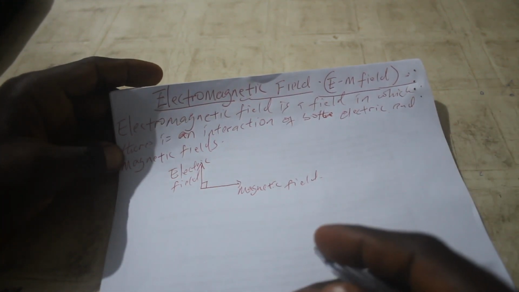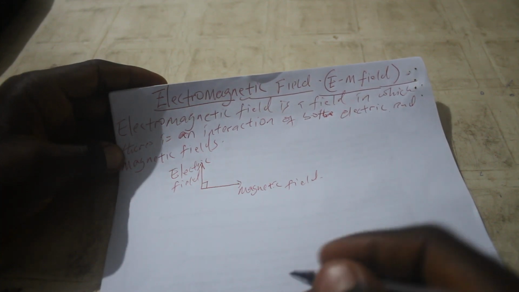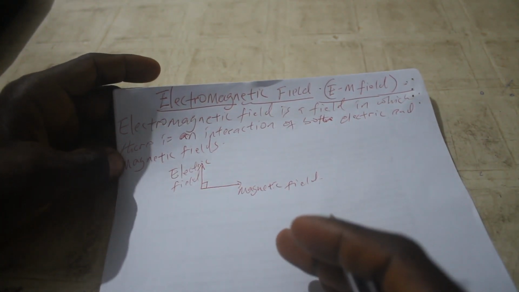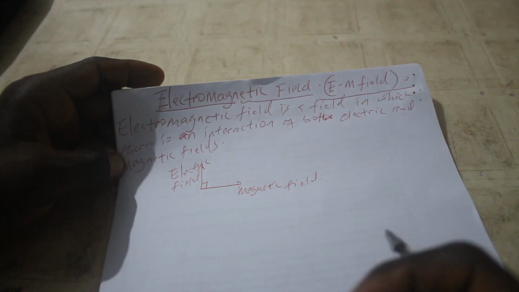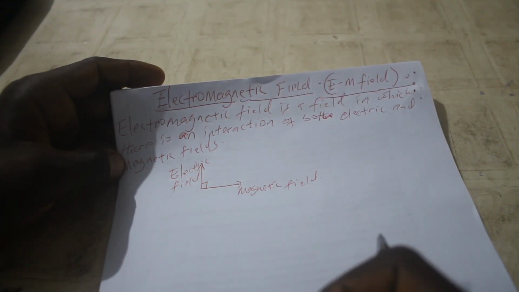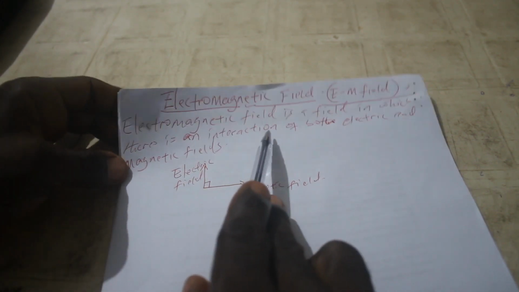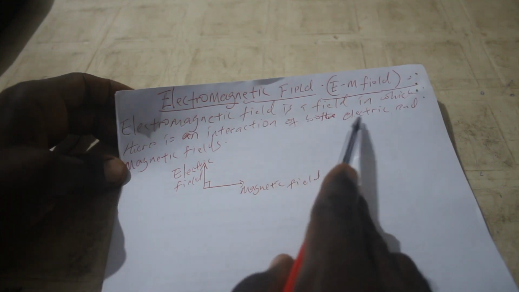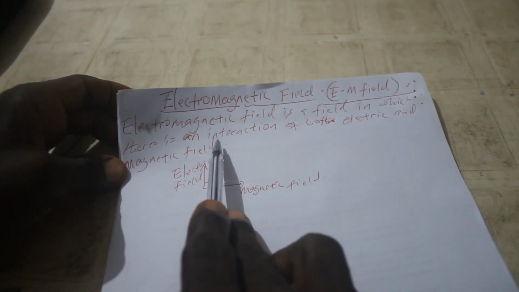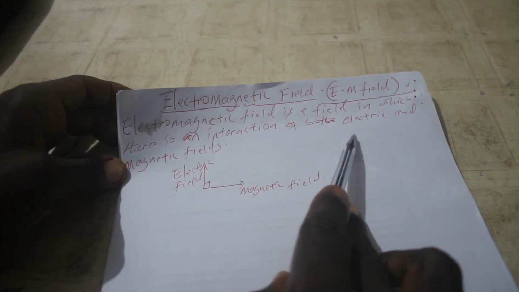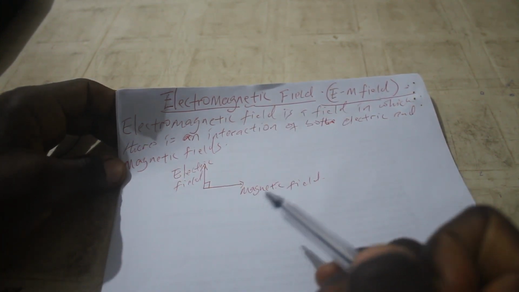The other ones being the nuclear strong force, the nuclear weak force, and the gravitational force. So we define electromagnetic field as the field in which there is a mutual interaction of both the electric field and magnetic field.